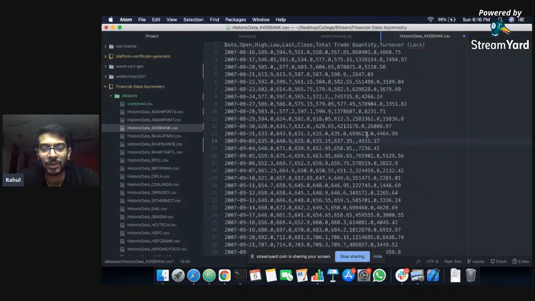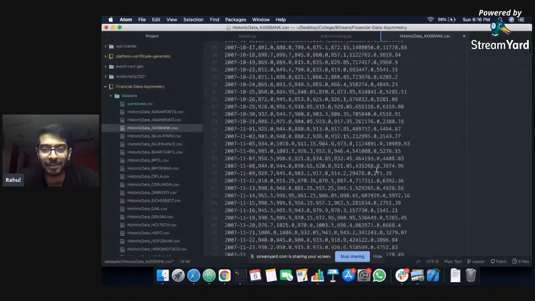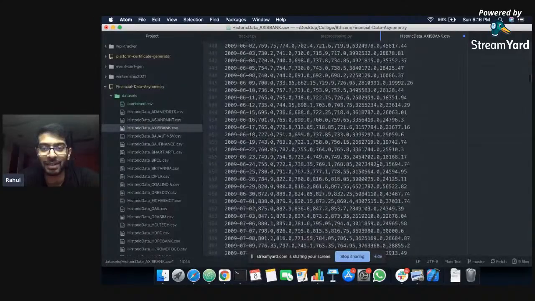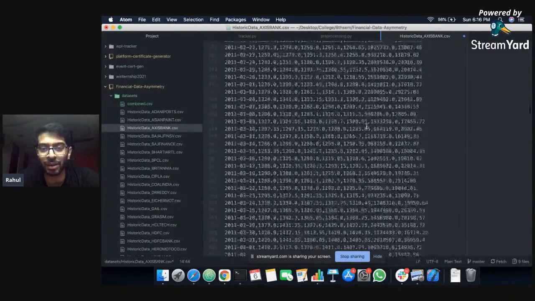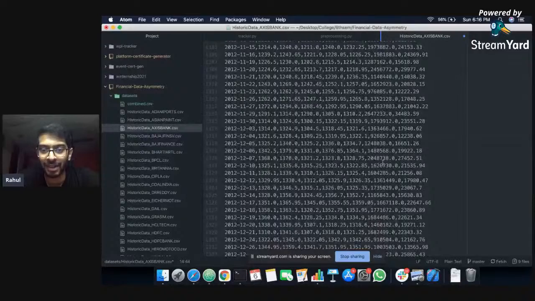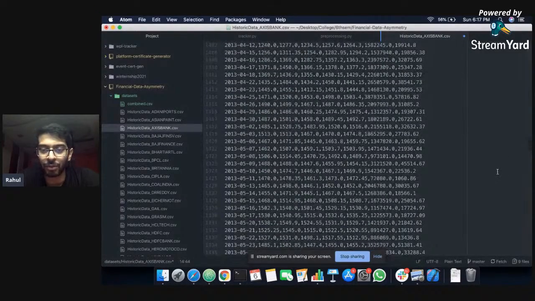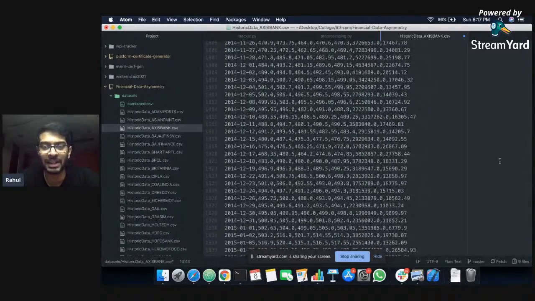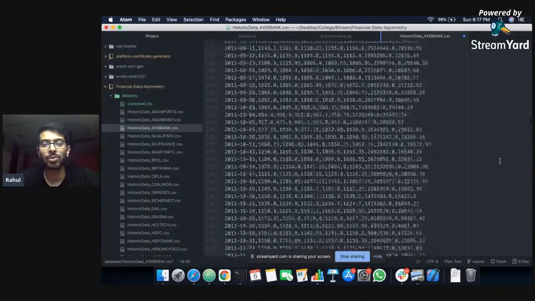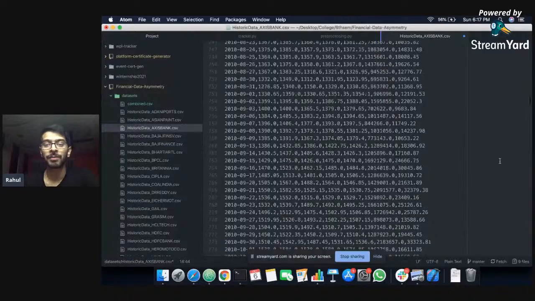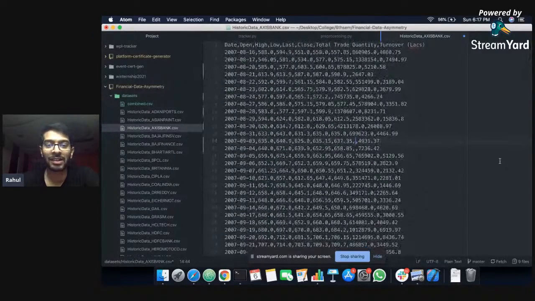Honestly, it wouldn't make sense for us to use an average over here, mainly because the average might not really give us enough data. There might be certain days where the total trade quantity is extremely high. Sometime in the future, the total trade quantity might be really high, so it won't make sense for us to incorporate all those very high values into a certain cell which might possibly have a low value, right?